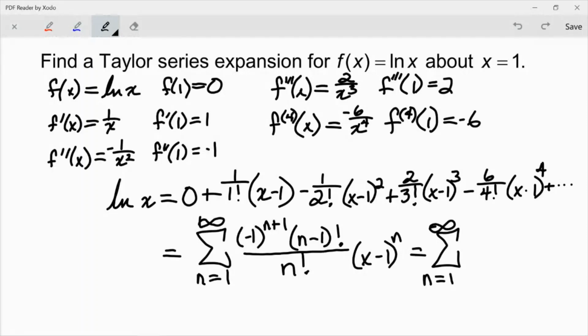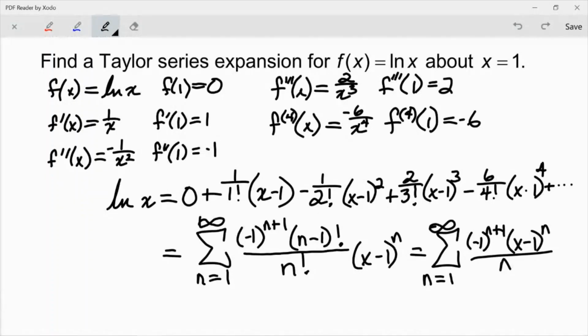I can cancel out these factorials. If I factor an n out of the denominator factorial and make it n times n minus 1 factorial, then the factorials will cancel, and I'll end up with negative 1 to the n plus 1 times x minus 1 to the n all over n.